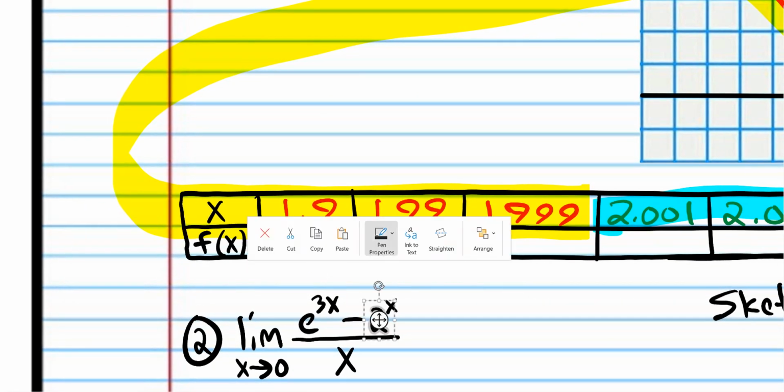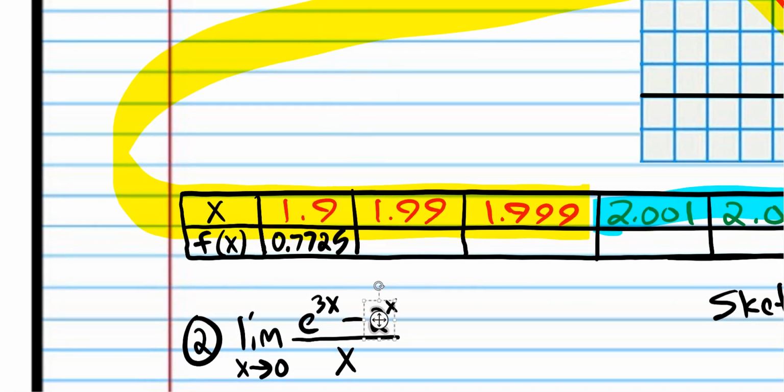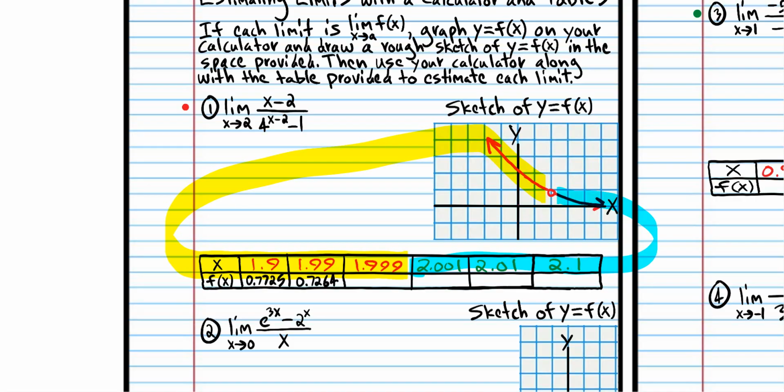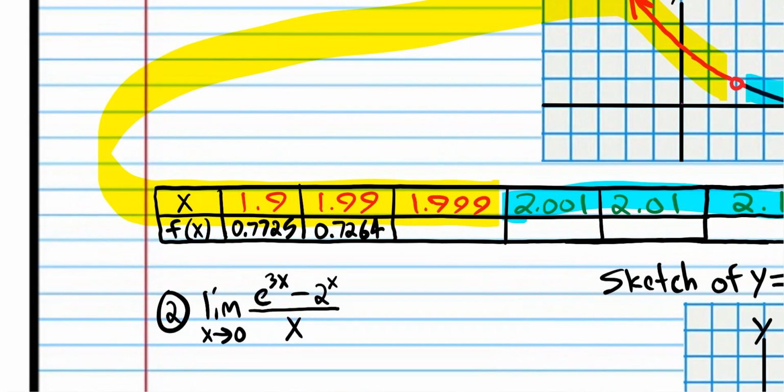And we have 0.7264. All right. Then push the blue second button again, and then the trace button at the upper right. Press enter. Enter 1.999. Then press enter at the bottom right. And we should get 0.7218.